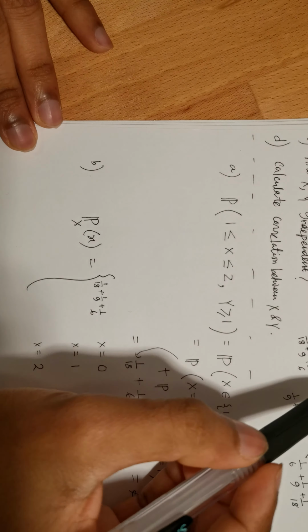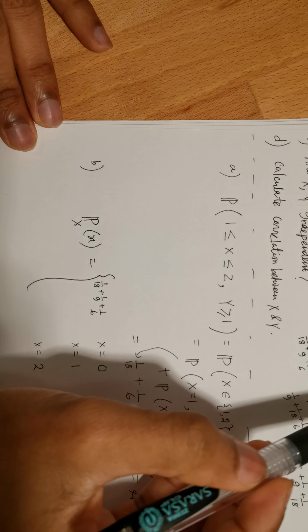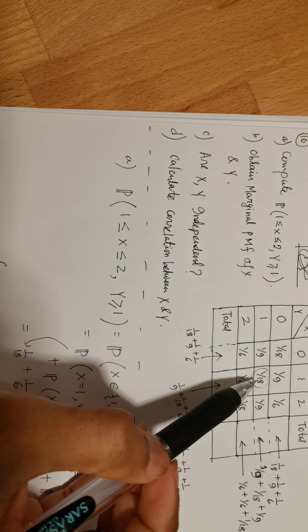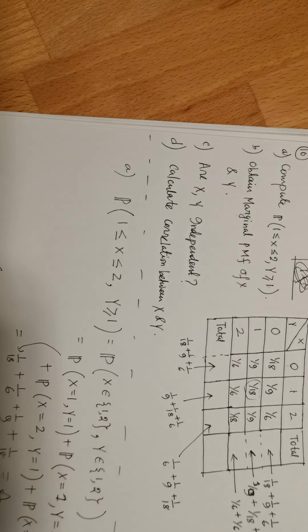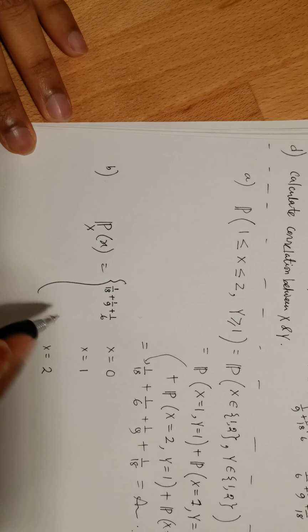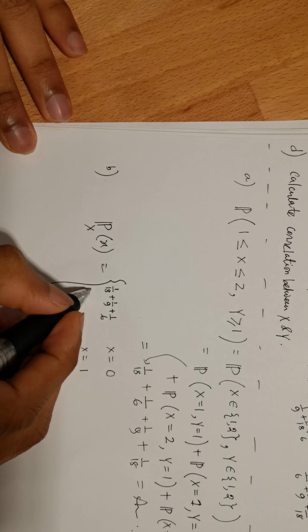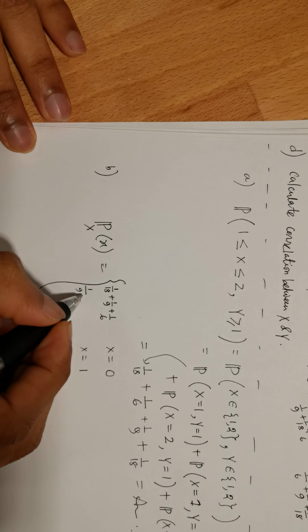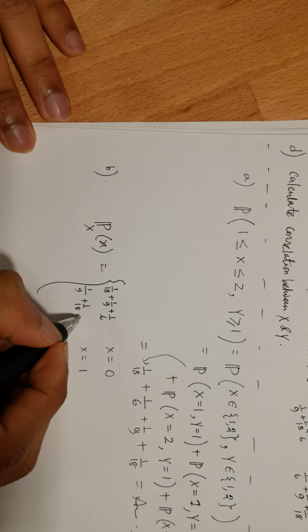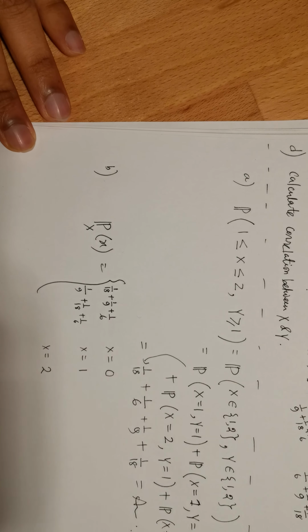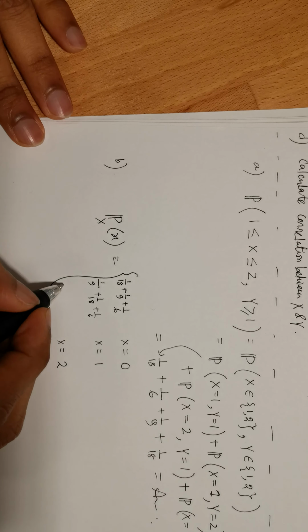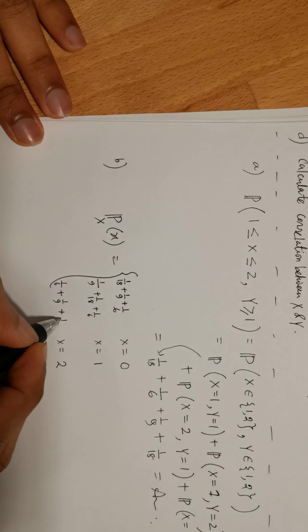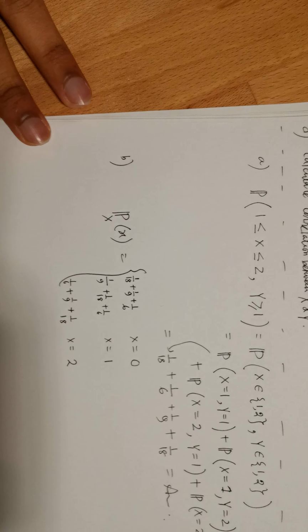And for x equal to 1, you add 1 over 9 plus 1 over 18 plus 1 over 6. And for x equal to 2, 1 over 6 plus 1 over 9 plus 1 over 18.